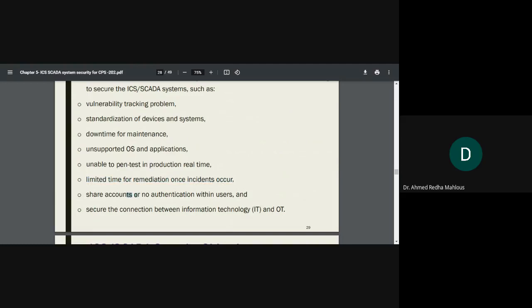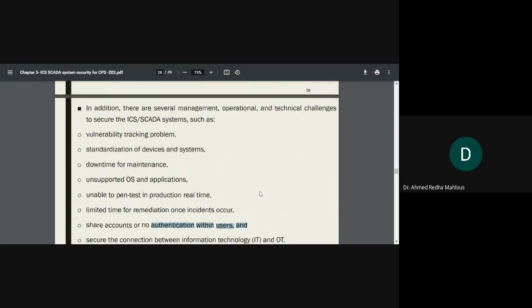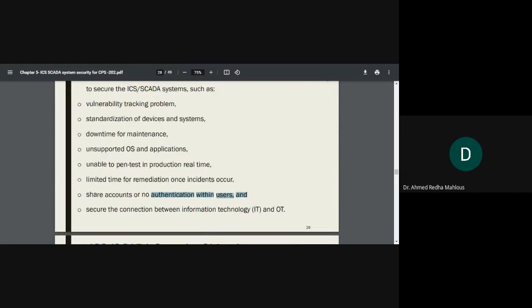Sometimes you do have shared accounts, or there is no authentication between users. This can also be a challenge, which is categorized as management. And sometimes we talk about the secure connection between IT and the operational technical people who are used to operating those machines.